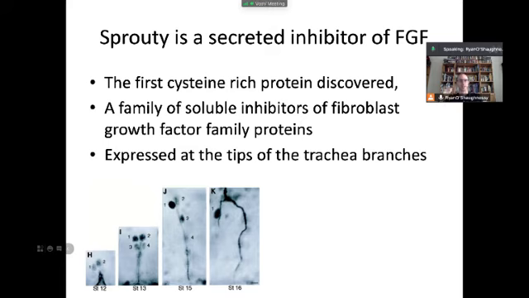So Sprouty inhibits the signaling caused by branchless and breathless. So we have this concept of activating the pathway and also the mechanism to dampen it down to be able to finally control the amount of branching in the Drosophila trachea.